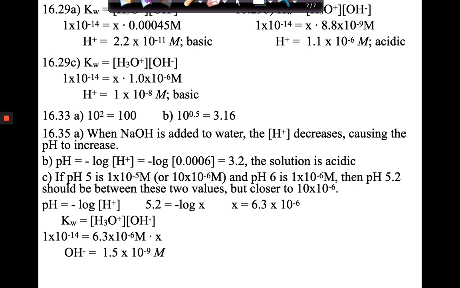I don't get it. I don't either. So, a solution in which OH is 100 times greater than H. So the answer should be 10 to the negative fifth, or 10 to the negative, no. Yeah, so guys, help me with this one.